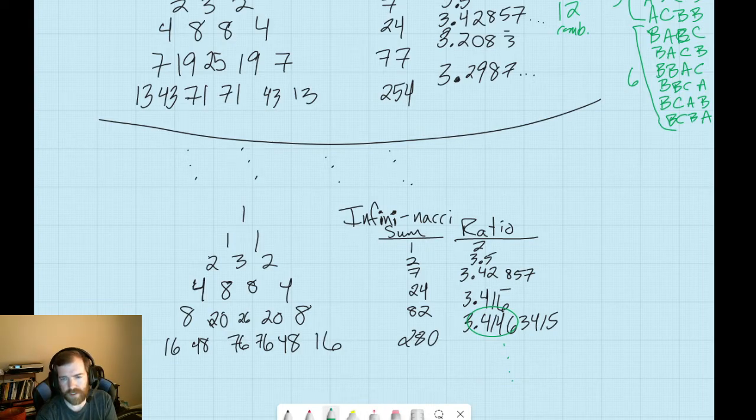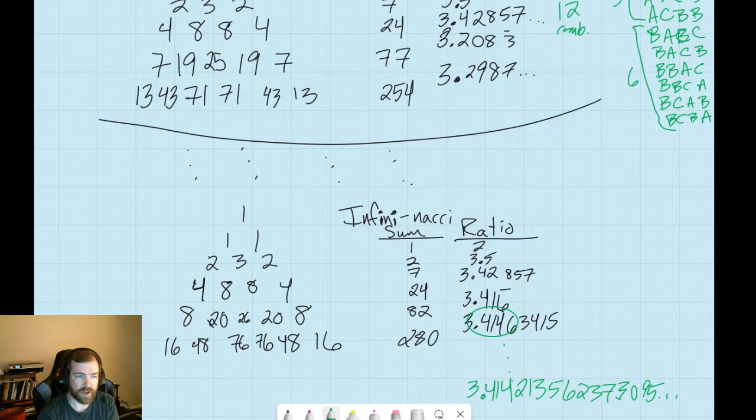So eventually this came out to be 3.41421356237 3095, and it kept going, and it kept matching with all of the numbers that I then further checked.